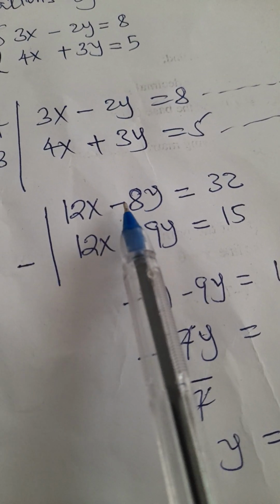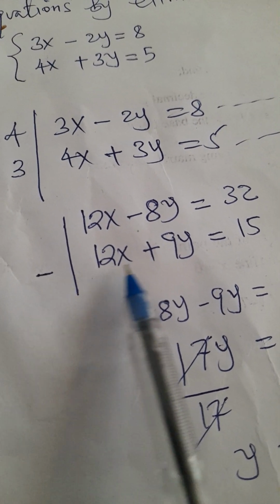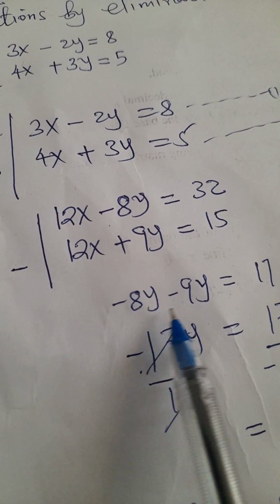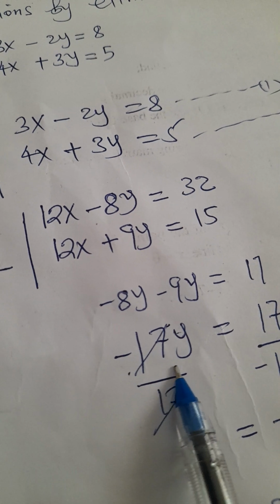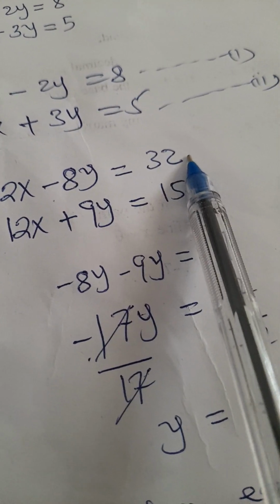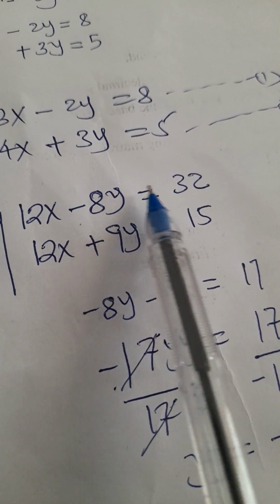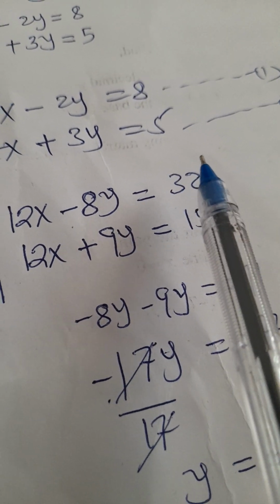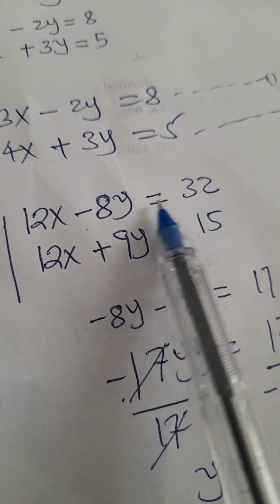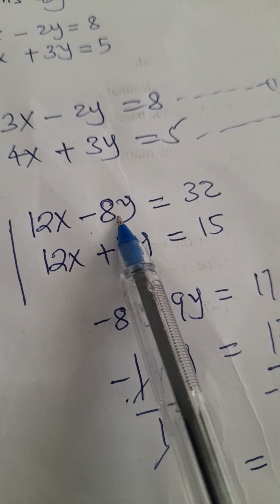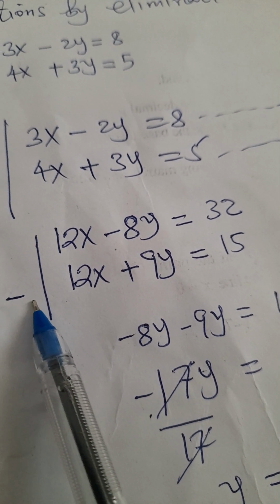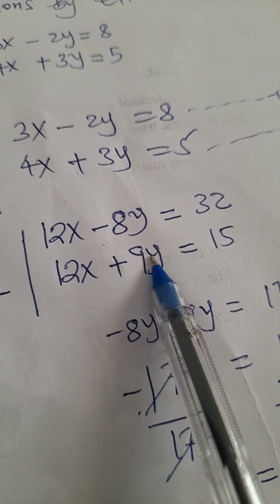So if we start here, minus 8y minus 9y, this will be negative 17y, is equal to negative 17. We started from the first equation, so we have to start from the first equation in every operation.